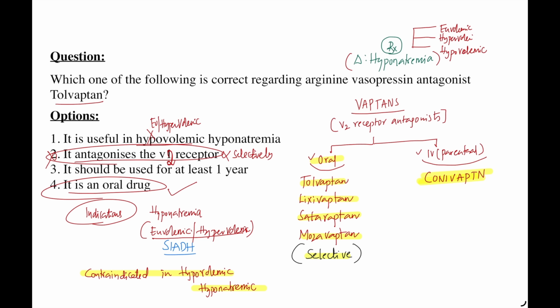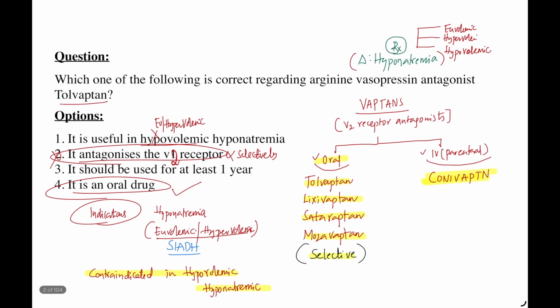Next, when these vaptans are used, they shouldn't be used as chronic therapy because they have the side effect of liver toxicity. You can't use them for more than a month. So the option that it should be used for at least 1 year is wrong. Any chronic vaptan therapy is not advisable because of liver toxicity. So the correct answer for this question is that vaptans are oral drugs.